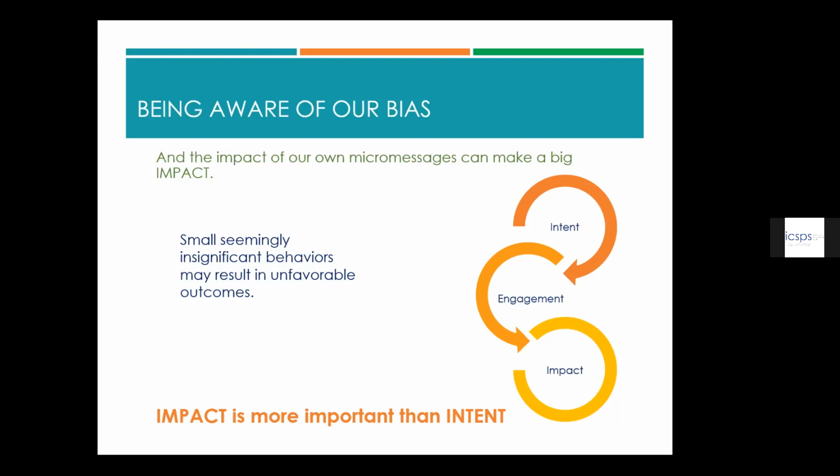If you are looking at someone and saying something like, you're going to wear that, and saying it in the tone that I just used, there is a big impact. So what's important is that though we're using micro, I really don't like that. I'm probably going to stop using that and move into just the idea of macro messaging or implicit bias messaging, because there is an impact, and the impact is not always what the intent is.